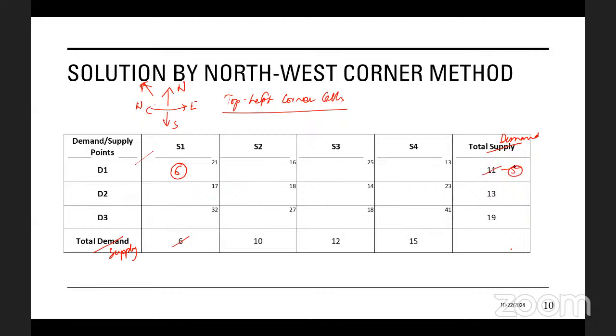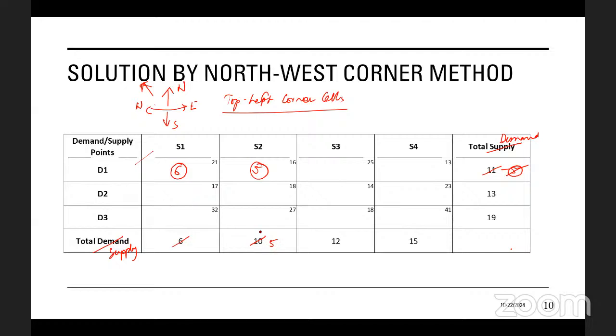For the next northwest corner, D1S2 becomes the next northwest corner cell. Here we can make an allocation of 5. Once we make an allocation of 5 over here, this total demand is satisfied now, and this supply reduces to 5.